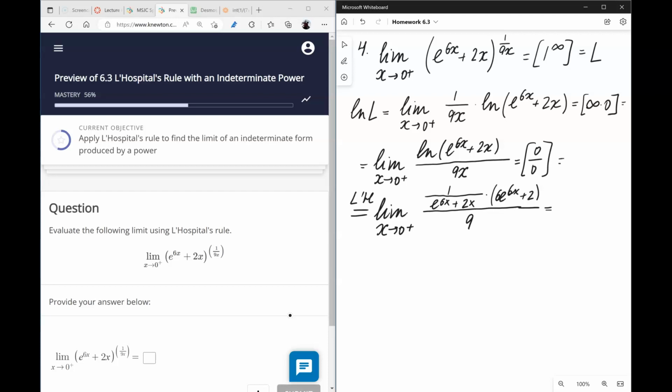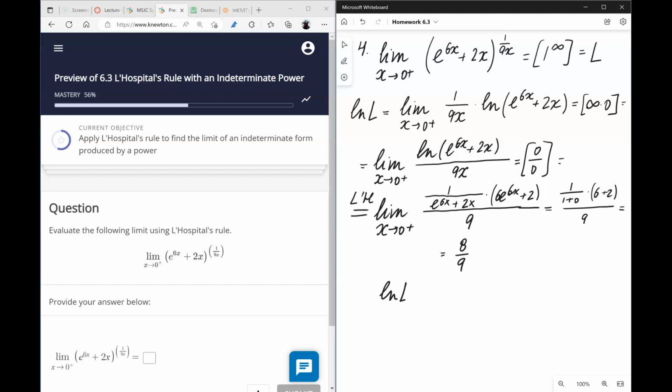We have 1 plus 0 times 6. E to the 0 is just 1, plus 2, all divided by 9. So it looks like the final answer is 8 over 9.